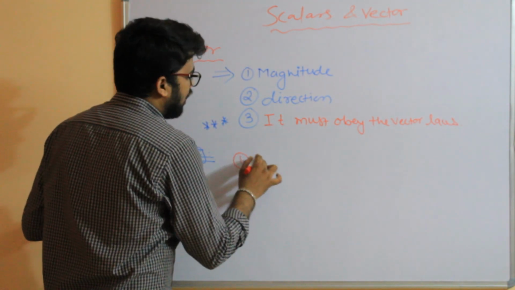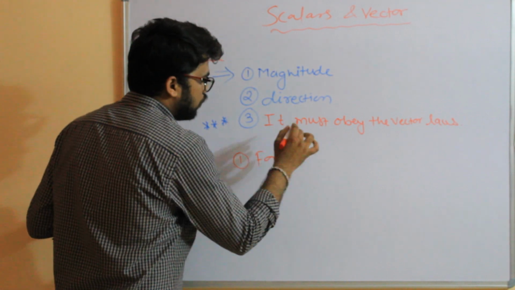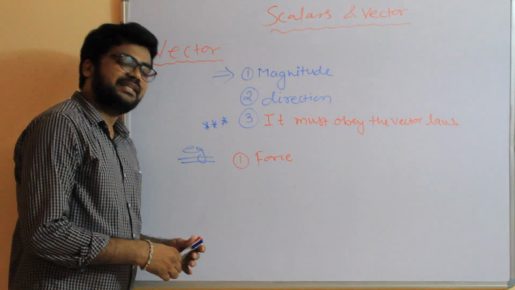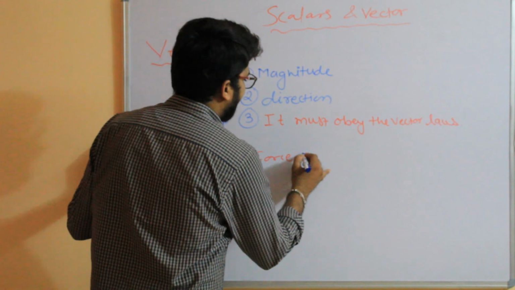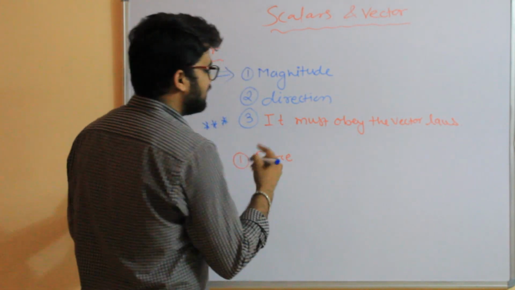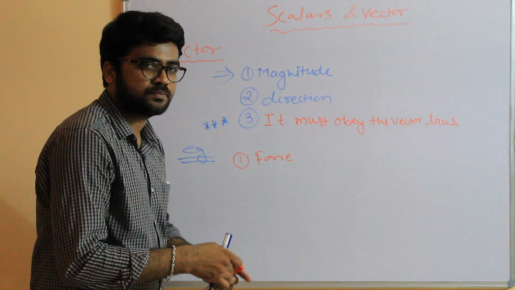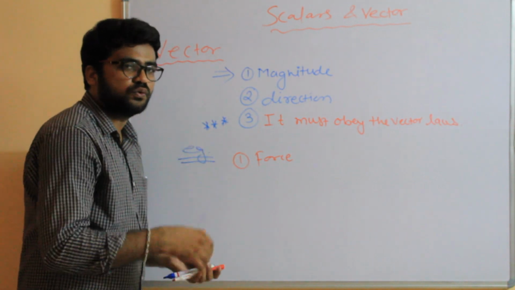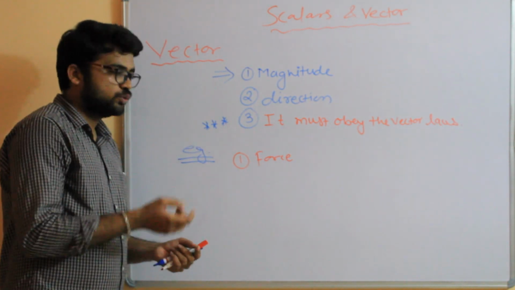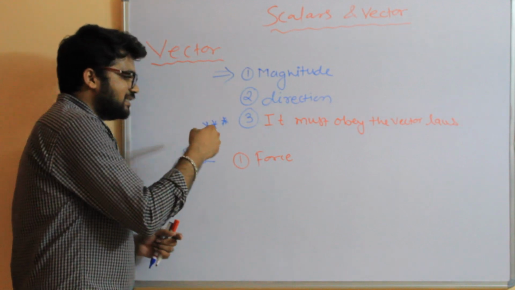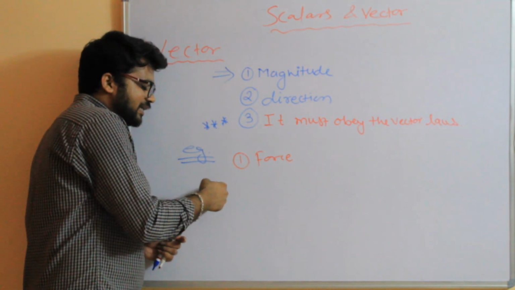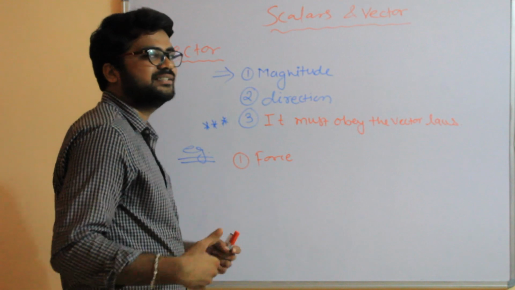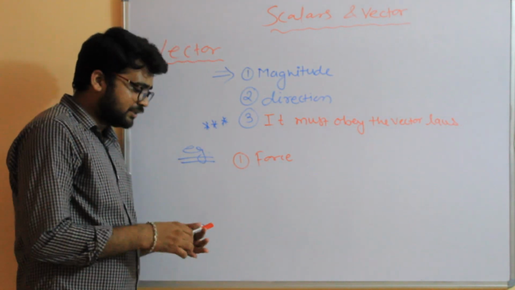Number 1, we have force, right? So force is a which quantity? It is a vector quantity, right? It has magnitude as well as direction. 2 Newton force. If I specify 2 Newton force, but in which direction? 2 Newton force on this plane in perpendicular direction, isn't it? So we have to define the direction, isn't it?